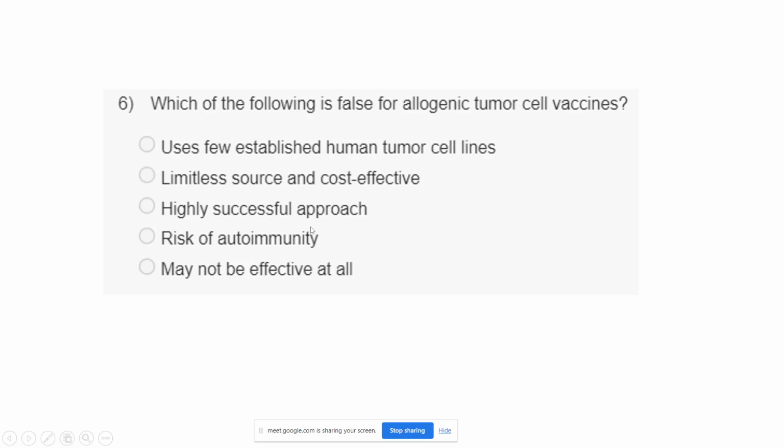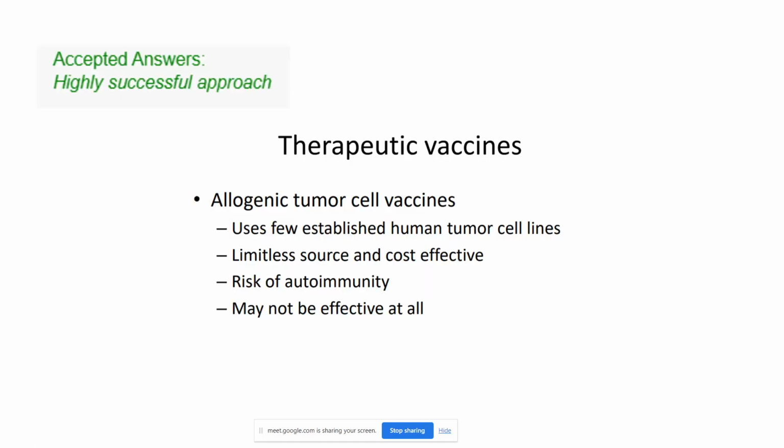There is a risk of autoimmunity and it may not be effective at all. So highly successful approach will be the correct answer, which is false for allogenic tumor cell vaccines. So allogenic tumor cell vaccines are therapeutic vaccines that use a few established human tumor cell lines, a limitless source and cost effective, with risk of autoimmunity, and may not be effective at all.